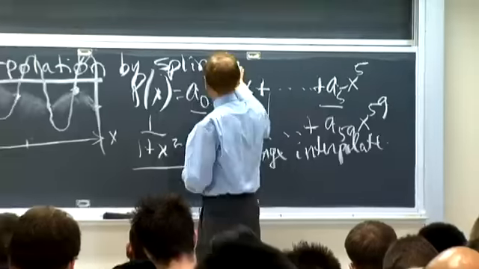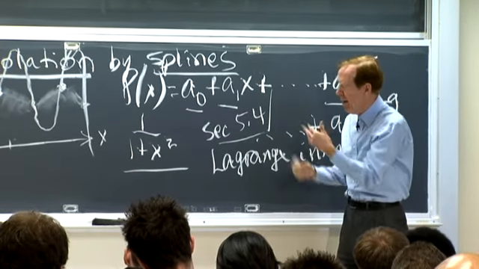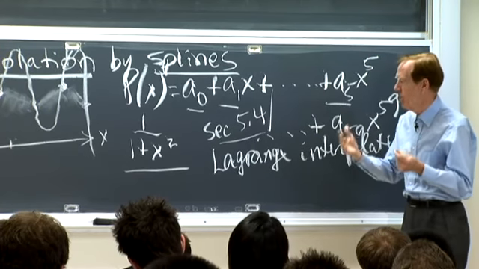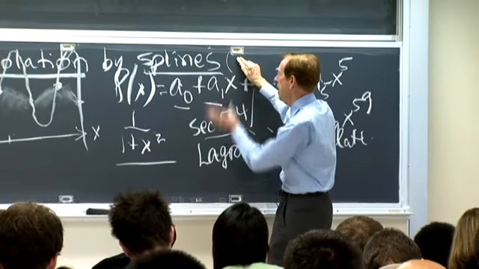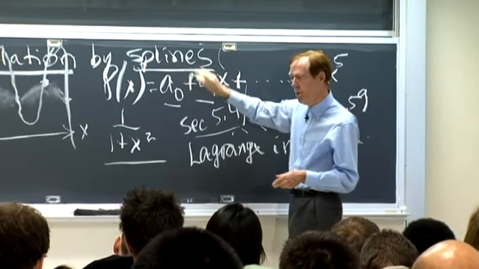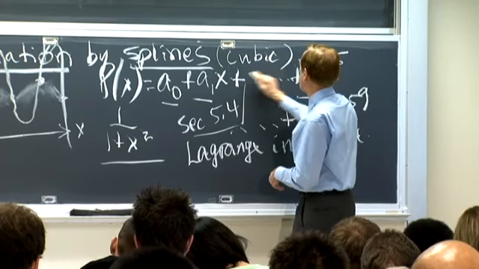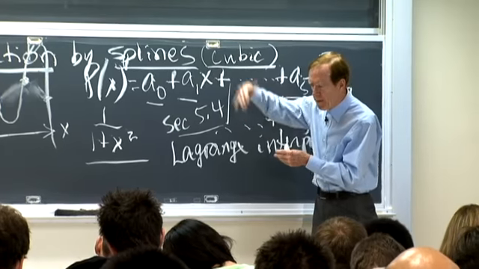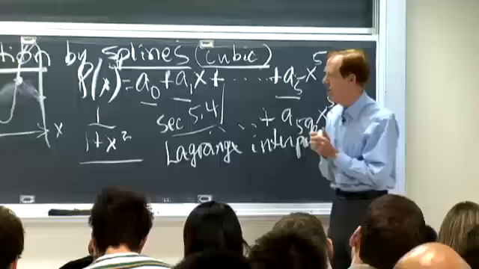That's where it's appearing in this section 3.2. People often do mean, when they say spline, a cubic spline. You could have splines of other degrees, but often the natural choice is the cubic.